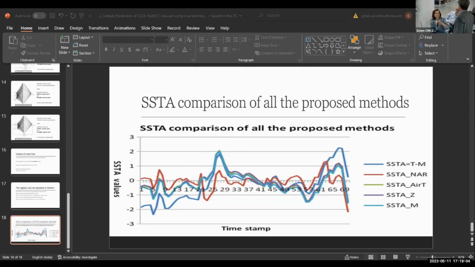I have another question. Is there any reason why this method should not work in a coastal area for SST that you can imagine? My study was more to find out which time series would help me in finding SST more precisely.